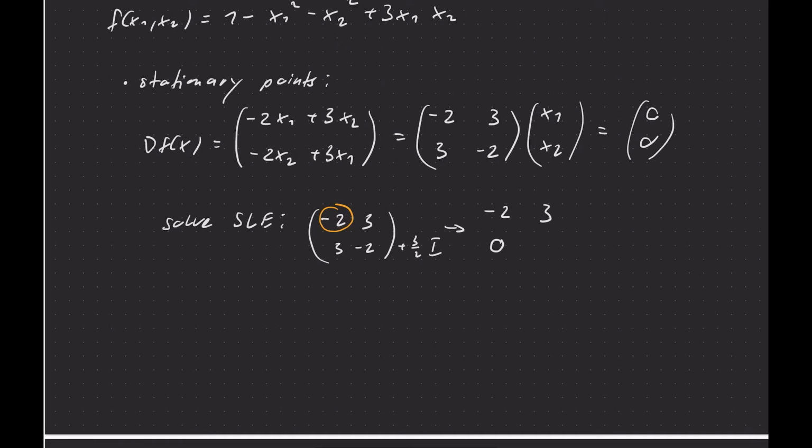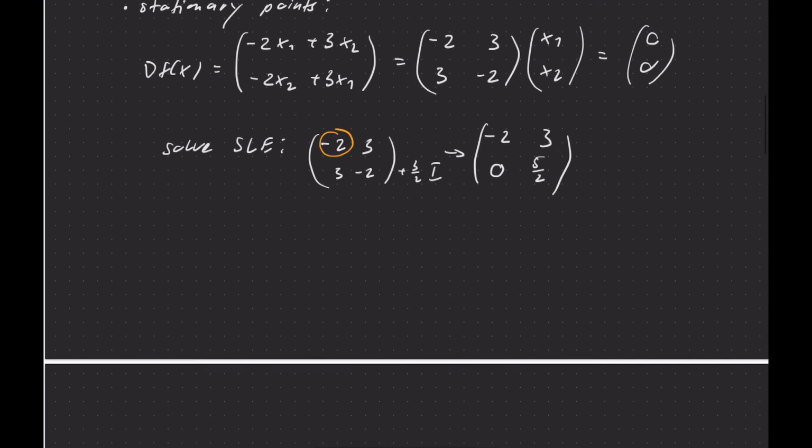And here we get 3 times 3/2, that's 9/2, minus 2. Minus 2 is minus 4/2, so 9/2 minus 4/2, that's 5/2. So this is the matrix that we get after this first Gaussian elimination step. And that means we can solve for x star. This thing has obviously full rank, so the only possible solution x star is (0, 0).